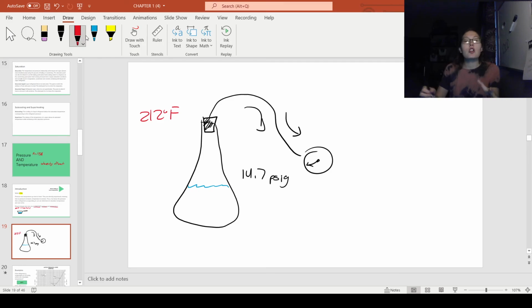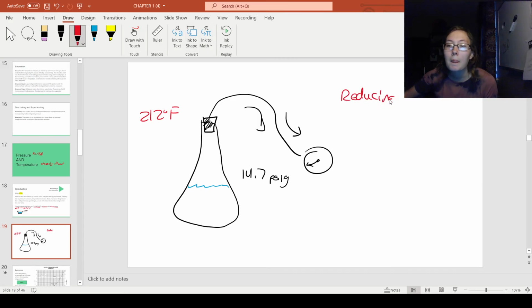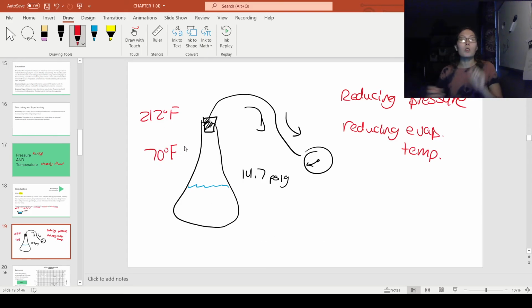But just know that he is reducing the pressure, and by reducing the pressure, he is reducing the evaporating temperature, right? So the temperature that water will boil. So now, instead of 212, that water is going to boil at room temperature, 70 degrees Fahrenheit.